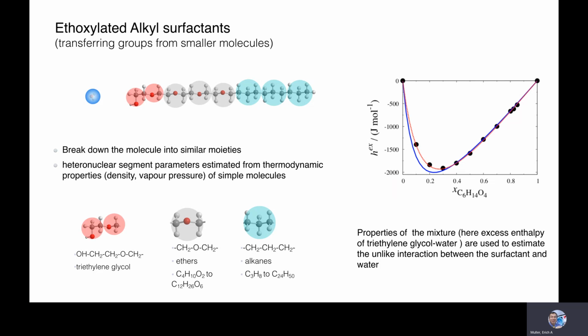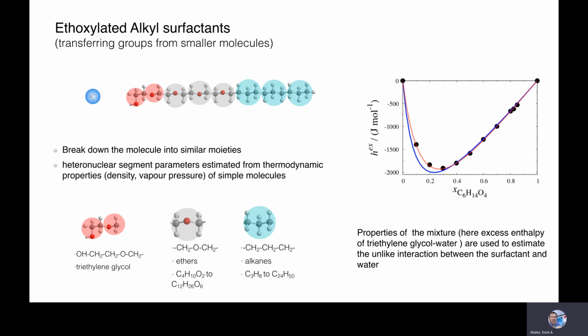A surfactant, as you of course know, is an amphiphilic molecule. In this case, the ethoxylate is a non-ionic surfactant formed on one side with ether groups, which are hydrophilic, and on the other side with an alkane tail, which is hydrophobic.